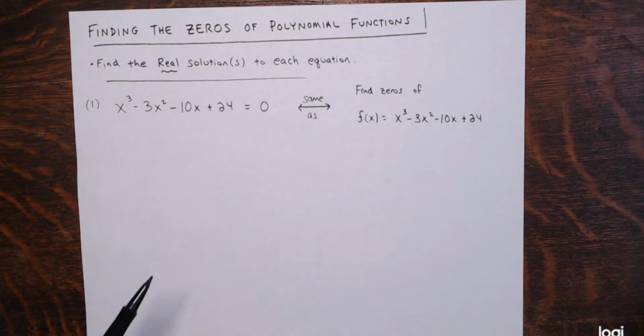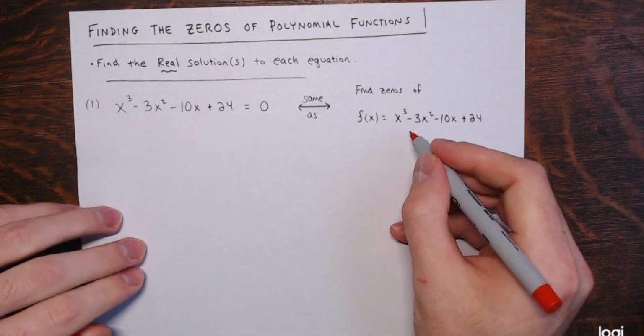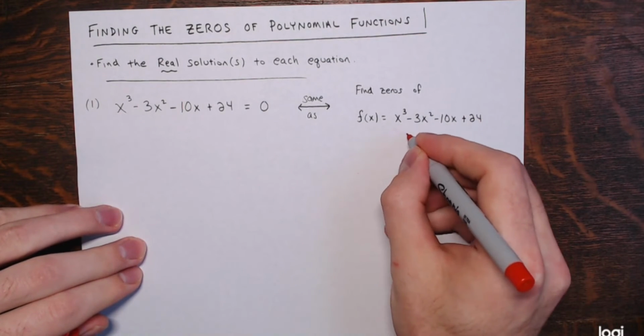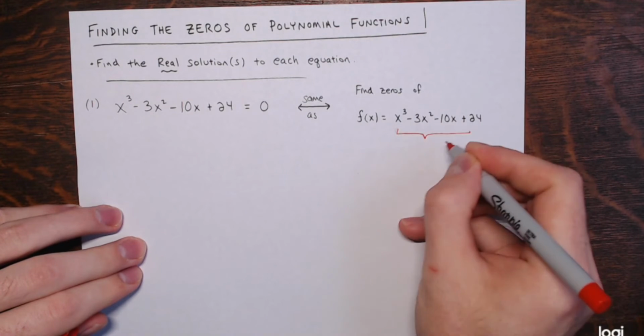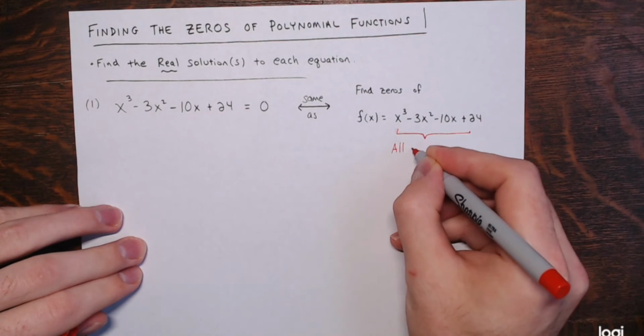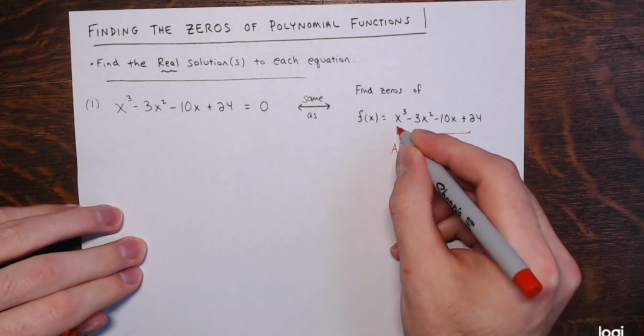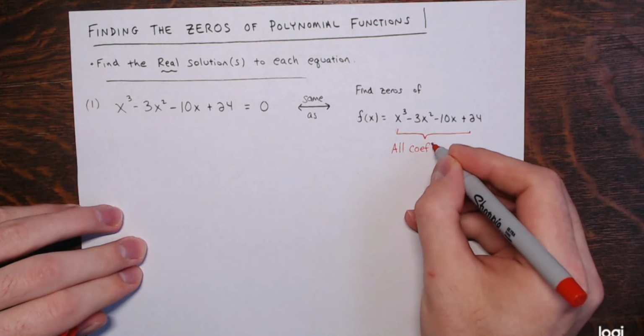Now, notice that all the coefficients are integers: 1, negative 3, negative 10, positive 24.